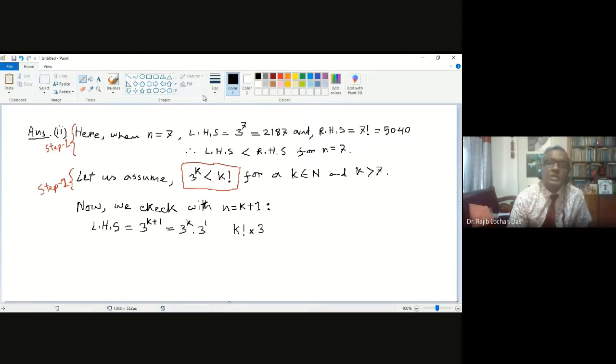We are not changing the 3, only the 3 to the power k part. So if you write k factorial in place of that, what will happen? Will it be equal, less than or greater than?